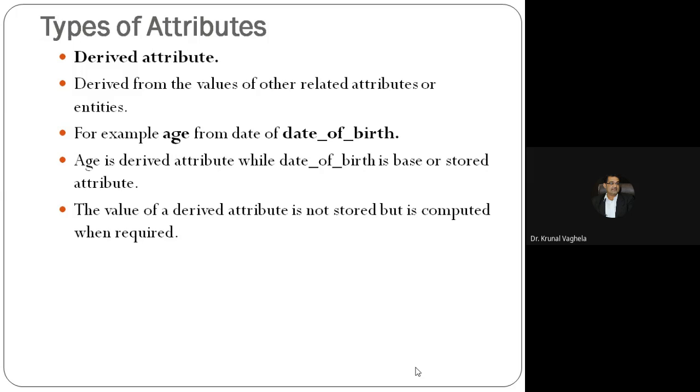So all these are derived attributes, and one thing you must remember is that derived attributes cannot be stored. They will not be stored in the database because you are calculating them, so no need to store. When you are storing date of birth, should you store age also? No, because you can easily calculate it by the query, right?